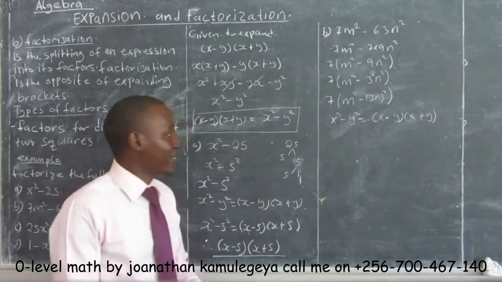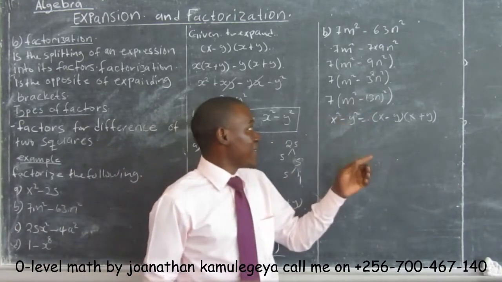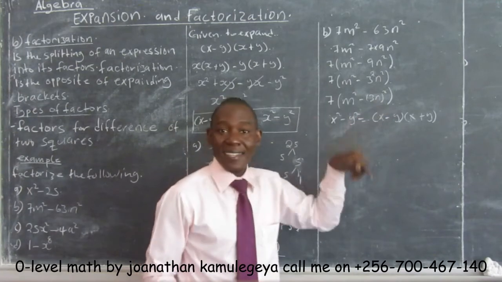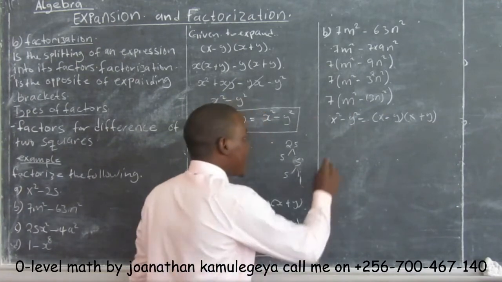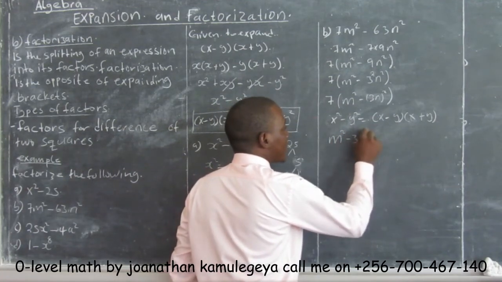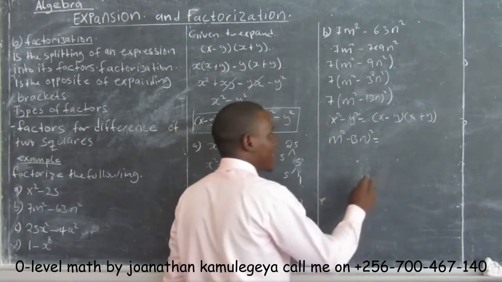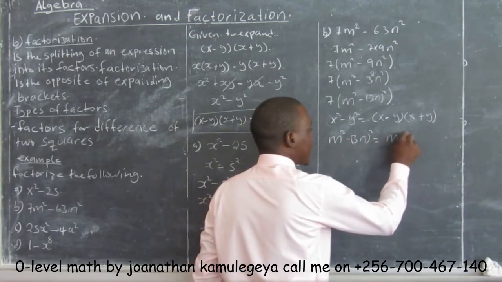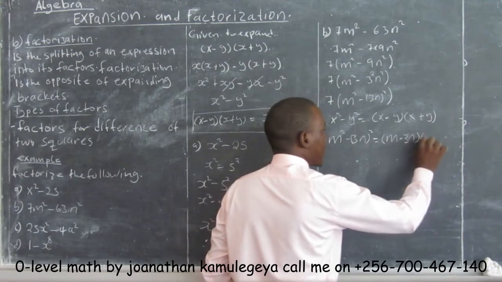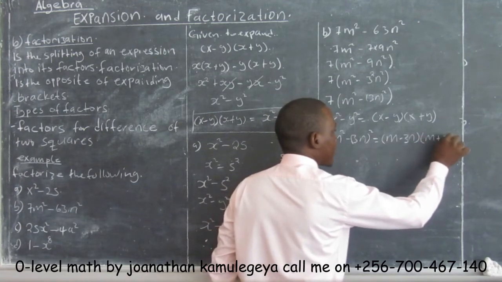If you make comparison of this and this one, my x is going to be my m and my y is going to be my 3n. Therefore, m squared minus (3n) squared will be the same as saying m minus 3n and then m plus 3n.